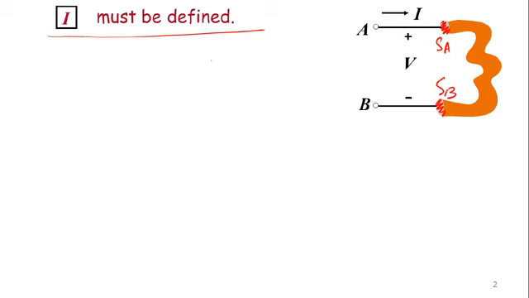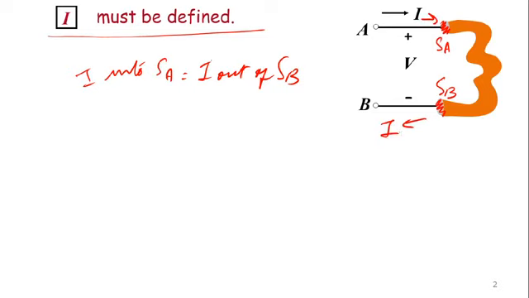I will be uniquely defined if the current going into SA is equal to the current coming out of SB. So if I have some current going into SA here, then I will be uniquely defined if the current coming out of SB is the same as the current going into SA.